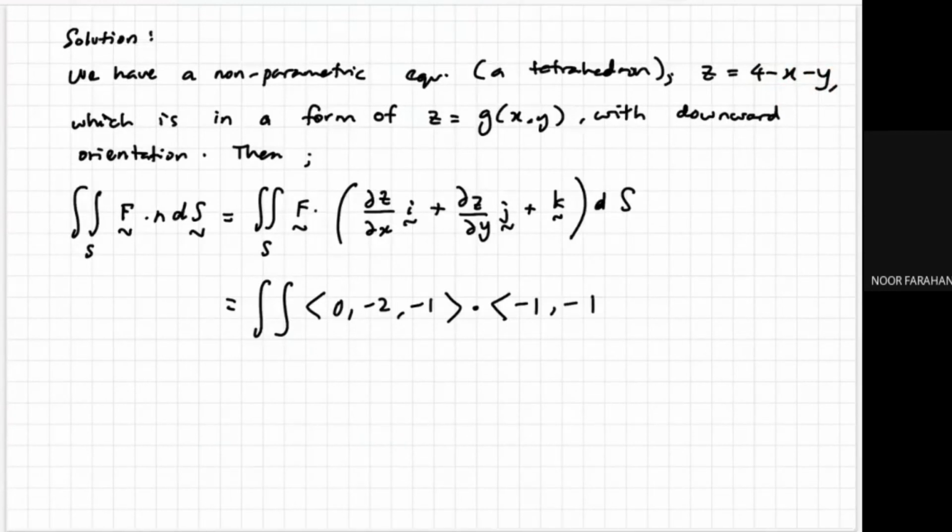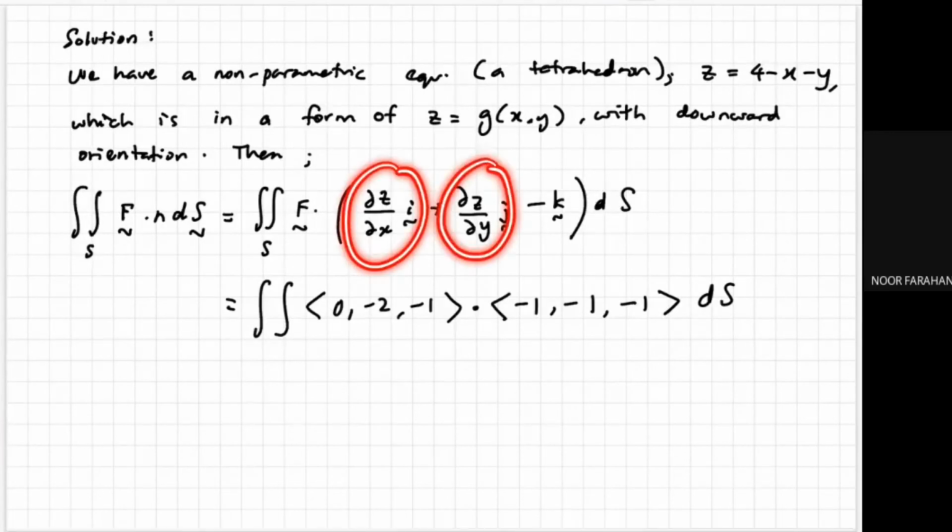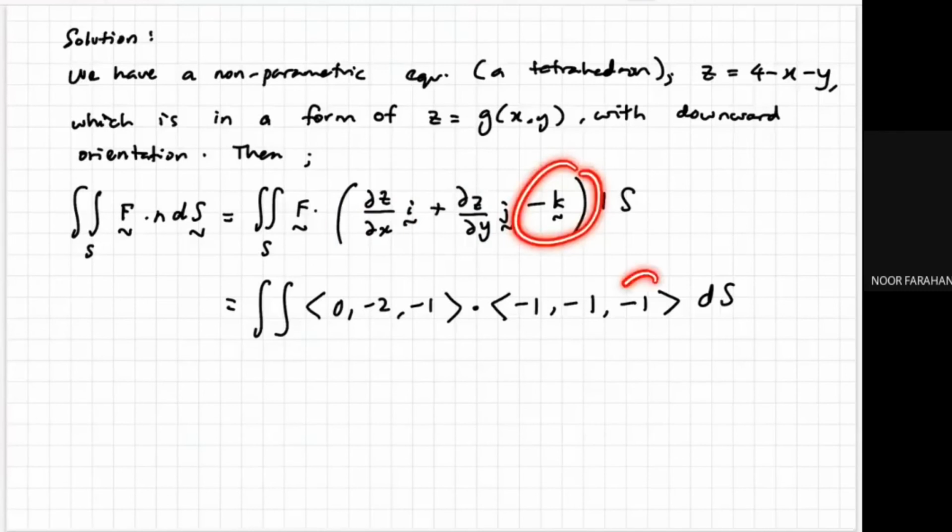Negative 1 and k is equal to negative 1. This is minus k. So this part you have to differentiate, this part you have to differentiate, and this part you just put the value negative.